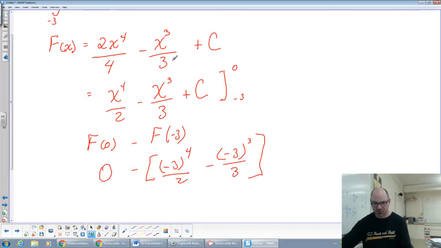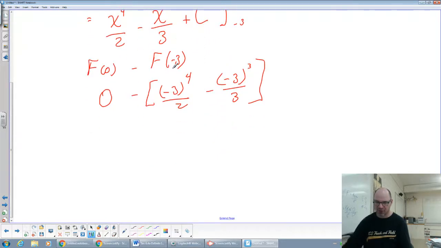Then we just do some arithmetic. It's going to be negative, -3 times -3 times -3 times -3 is 81 over 2. And this one, -3 times -3 times -3 is -27 over 3, so that's -9. So it's minus -9, which is plus 9.